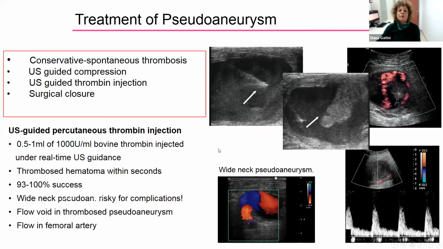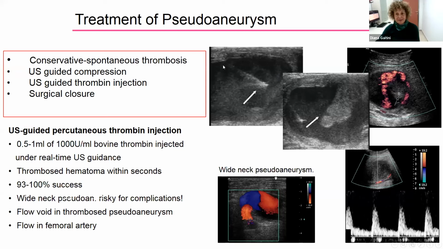Most of the pseudoaneurysmas that are small become thrombotic spontaneously. If not, we have to treat it, maybe by ultrasound guided compression, but in the last years it is mostly treated by guided thrombin injection. And very large pseudoaneurysmas need a surgical closure.